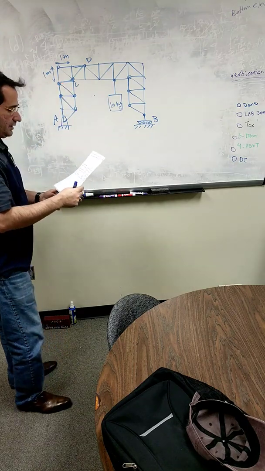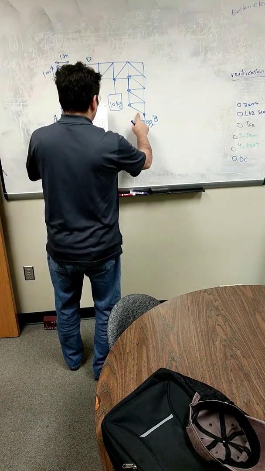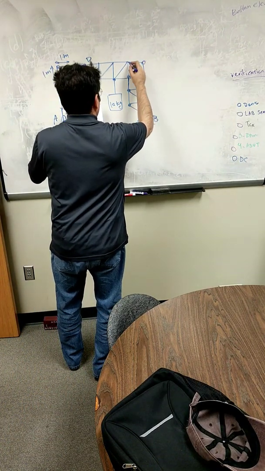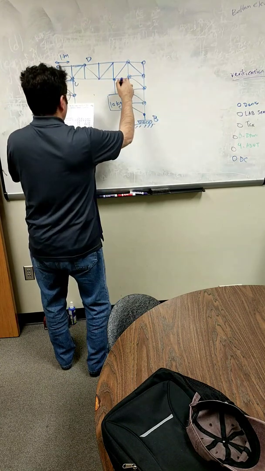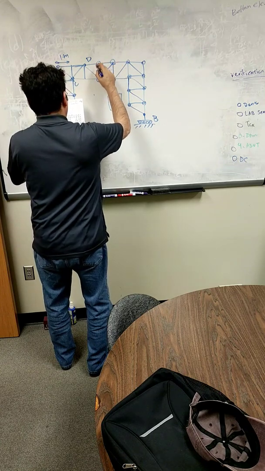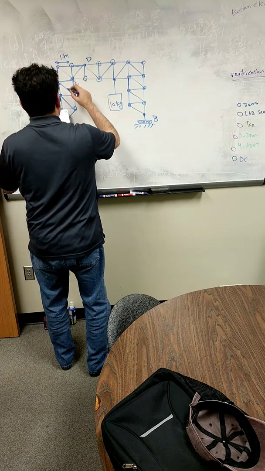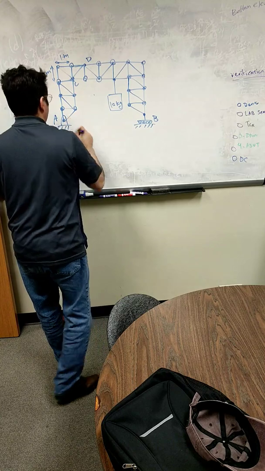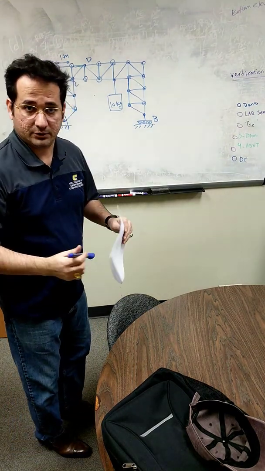And the first thing, let me double check, make sure this is exactly what we have here. So these are the joints, and yep, that's it. So the first part is to identify zero force members.